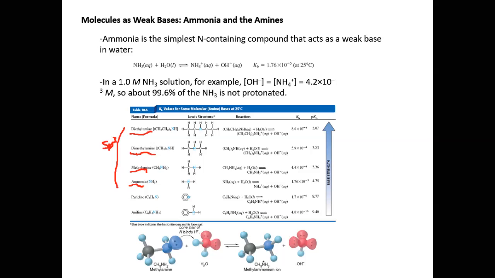And then you look at pyridine. The nitrogen in pyridine is what hybridization? sp2. So since it's sp2, it's going to be a weaker base than sp3. Now you may ask, aniline, this nitrogen is sp3, but it has a higher pKb than pyridine.